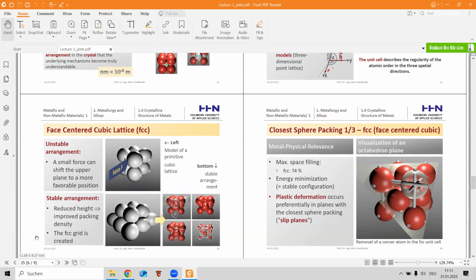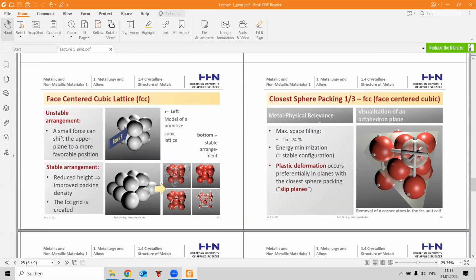In the stable arrangement the height is reduced, so the packing density is improved, and the face-centered cubic lattice is created. The maximum space filling for face-centered cubic is 74%.